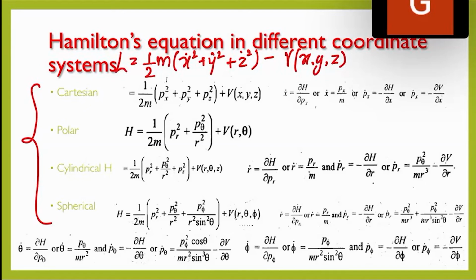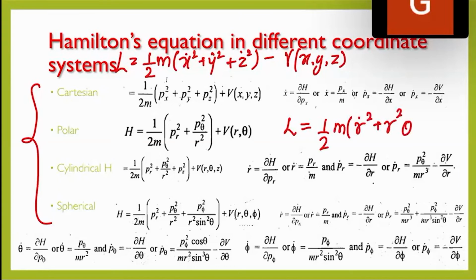If I represent the same system in the polar coordinate system, then my Lagrangian will simply be: L equals half m times r dot square plus r square theta dot square.